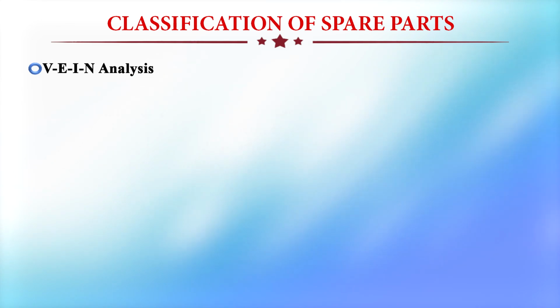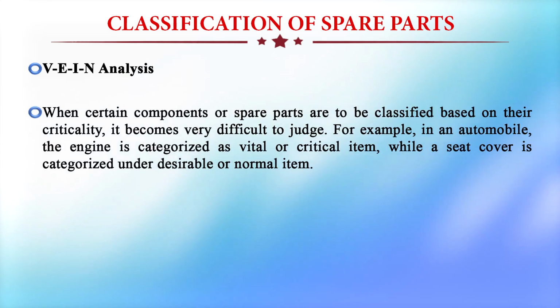VEIN analysis. When certain components of spare parts are to be classified based on their criticality, it becomes very difficult to judge. For example, in an automobile, the engine is categorized as a vital or critical item, while a seat cover is categorized under desirable or normal items.